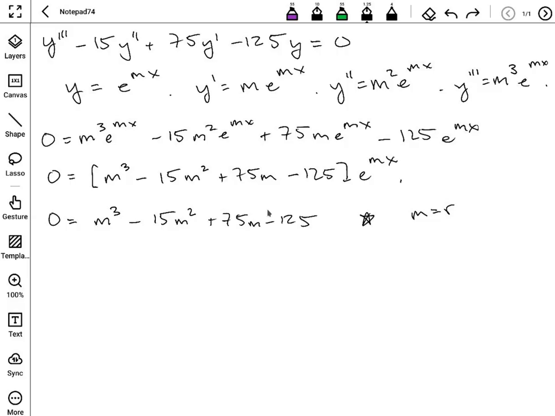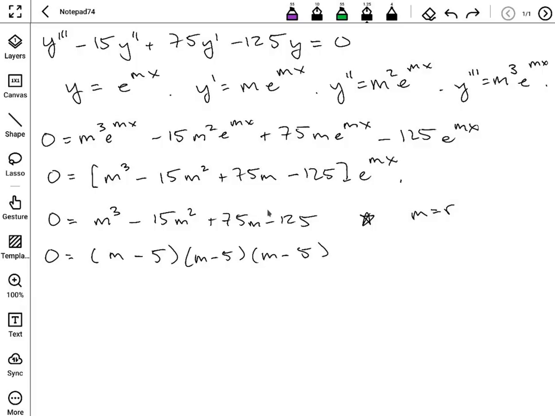And then to find my roots, I'm going to try to factor this. I see negative and 125, so that makes me think that this is just a cubic with 5 and a negative to get the minus terms I'm seeing. And we could go ahead and check that that's true.